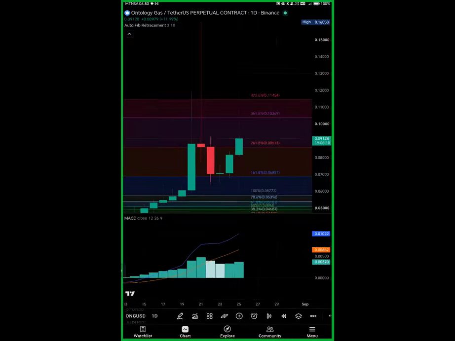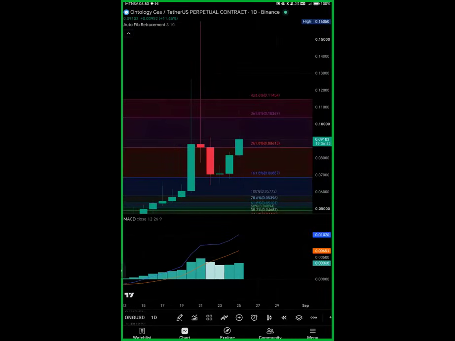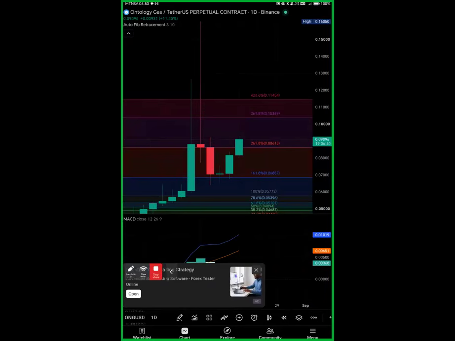So, ladies and gentlemen, you can see this type of a chart pattern here, right? Do you remember we spoke about the morning star and the evening star when we were talking about candlestick chart patterns?